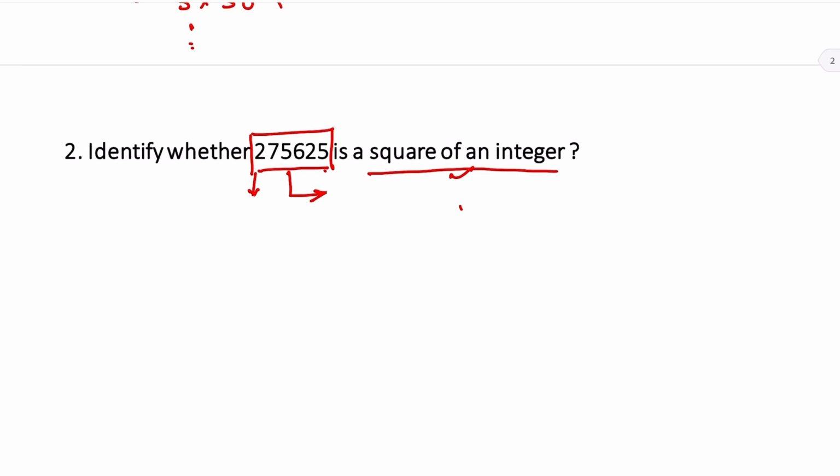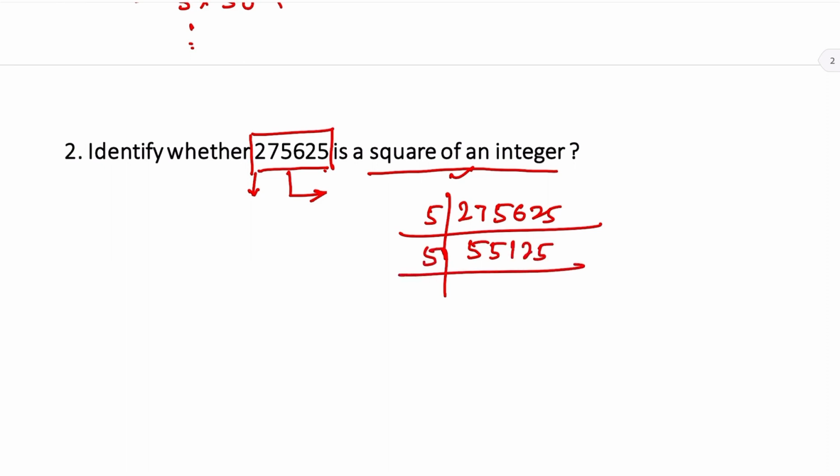Okay. So we can check the prime factorization of this number. It is very easy. We can do it using our basic concept. So it will be like 5, 55125, and again 5, so it will be 11025. Then 5, it will be 2205.